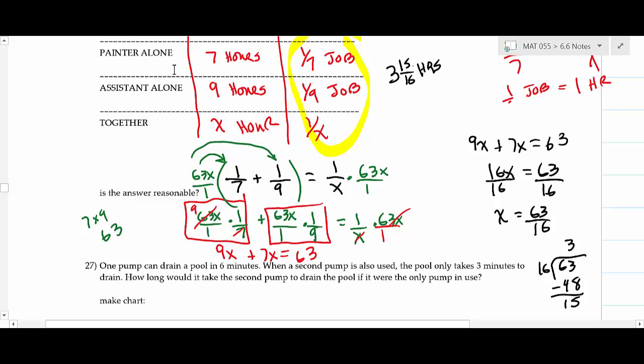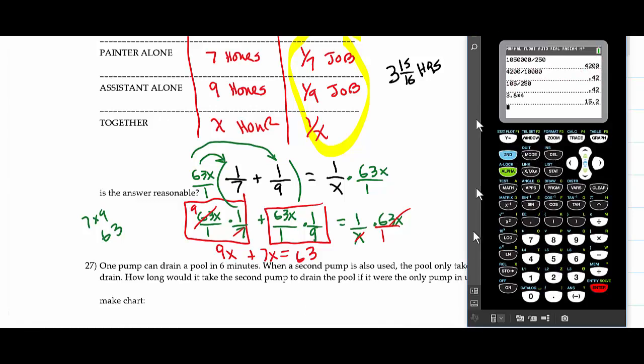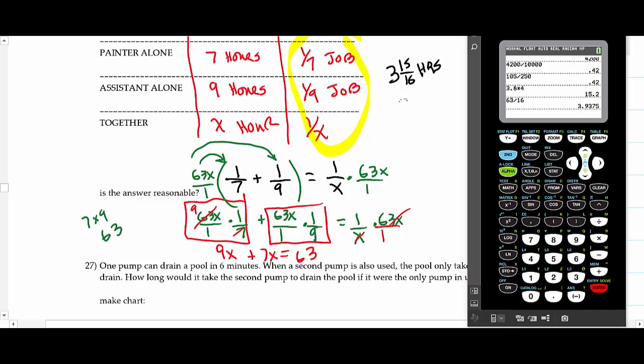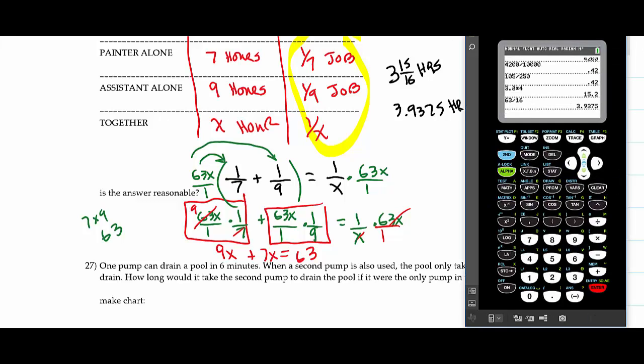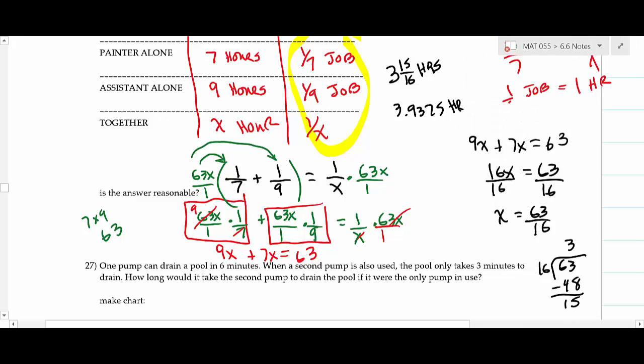Or if you took your calculator and did 63 divided by 16, that gives a decimal that stops, so that would be 3.9375 hours.